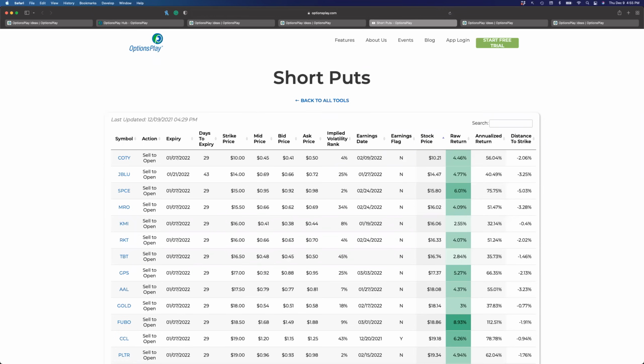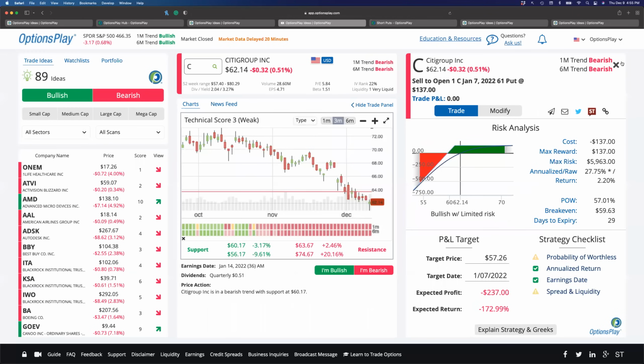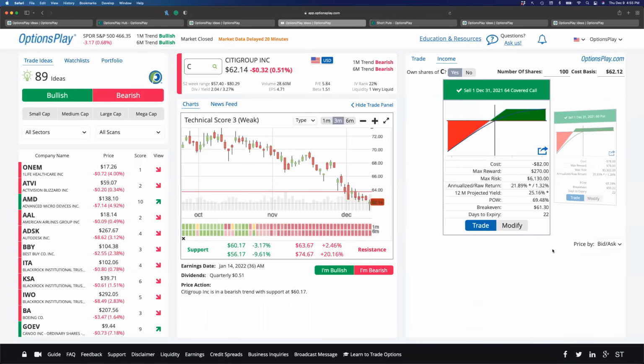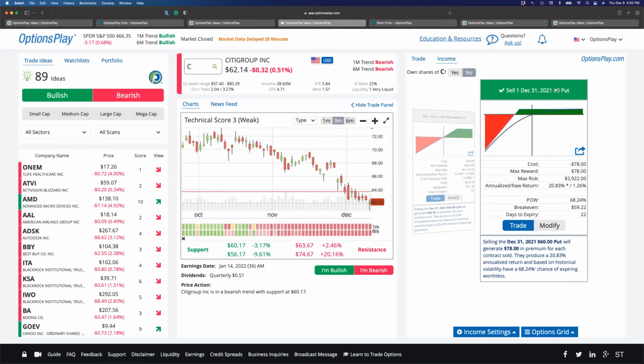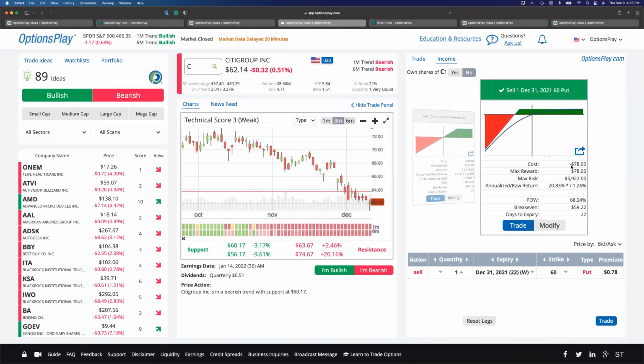What about a strike that's slightly in the money? Well, I wouldn't suggest anyone sell an in the money put option, because an in the money put option means that you're collecting less premium. If I look at Citigroup here, instead of selling the $60 put option where I'm collecting 78 cents, what you're looking at here is the extrinsic value.